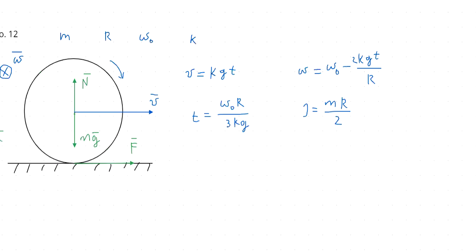Maybe the simplest way to do this is the work-energy theorem. According to this theorem, the sum of kinetic and potential energy in the final position minus the sum of kinetic and potential energy in the initial position is equal to the work of non-conservative forces.